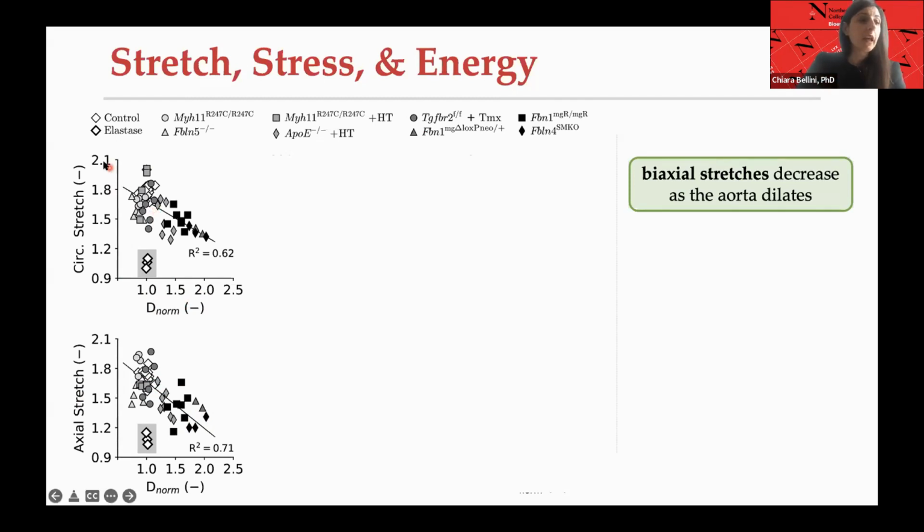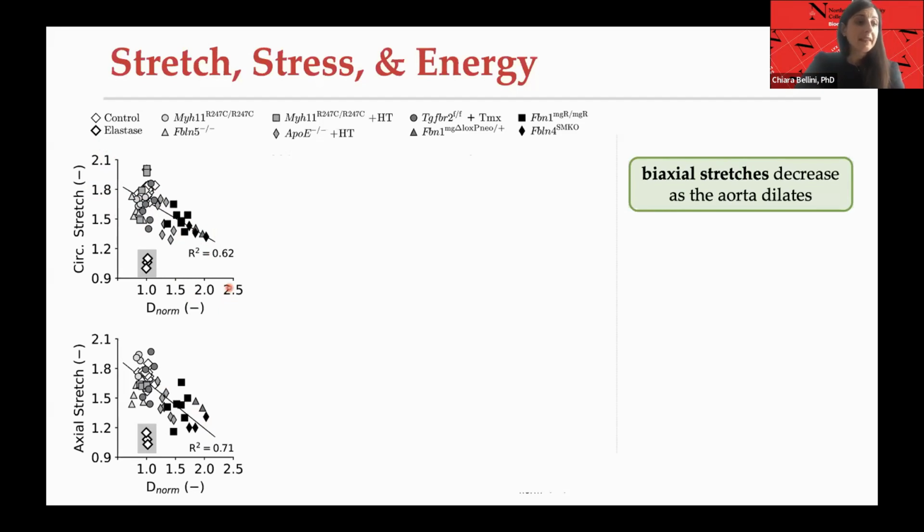We first noted that the increased dilatation of the ascending aorta across models correlates well with a decrease in both circumferential and axial stretches, with the aneurysmal aortas being the least deformable.